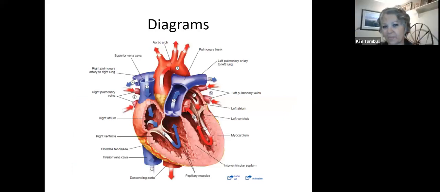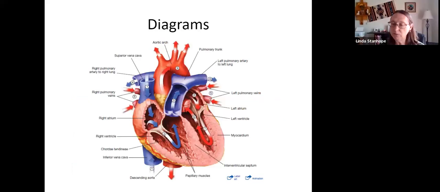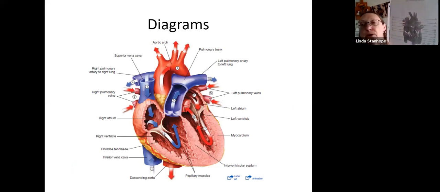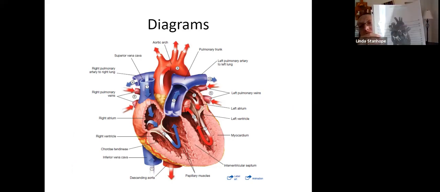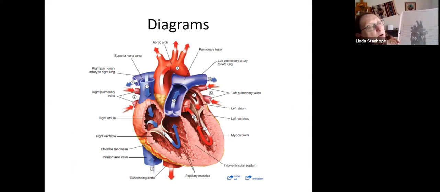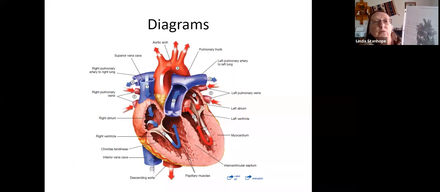Mm-hmm. Diagrams. I use a lot of diagrams. And so basically what I've done with my diagrams is I've taken a copy from the workbook and made a diagram, and then I placed it into just a paper protector sheet. And so what I have my kids do, they come walking in, and one of my bell ringers or hooks that might happen in the beginning of the class is that we've already discussed the diagram the day before with all of the little arrows and talked about its function.